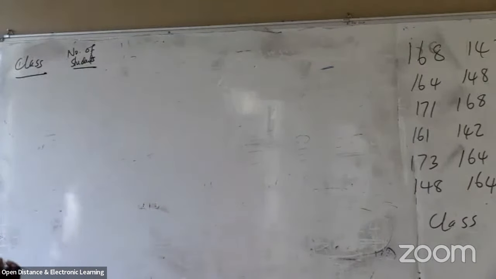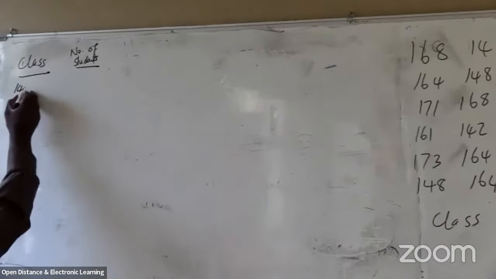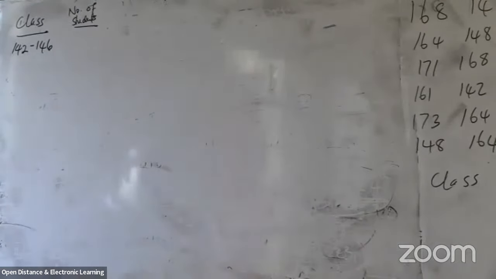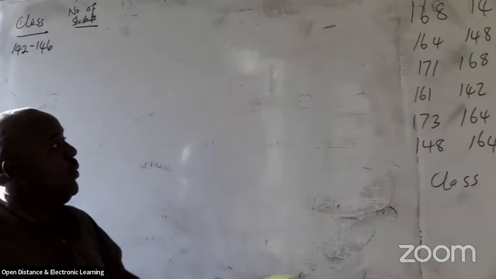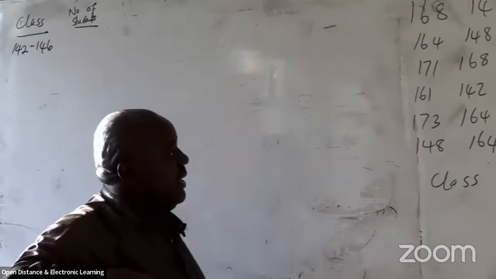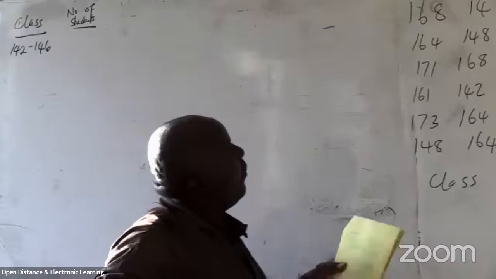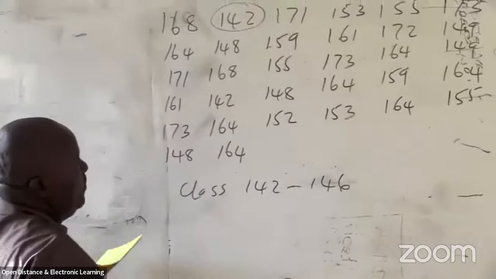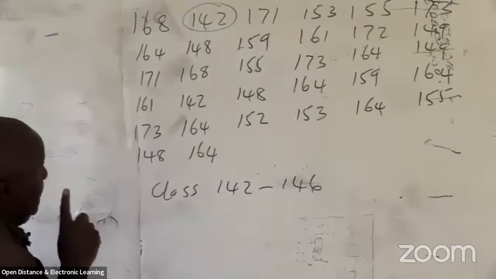So we are told that we start with 142 to 146. Looking through this set of data, which is the least? The least is 142. And which one is the highest?